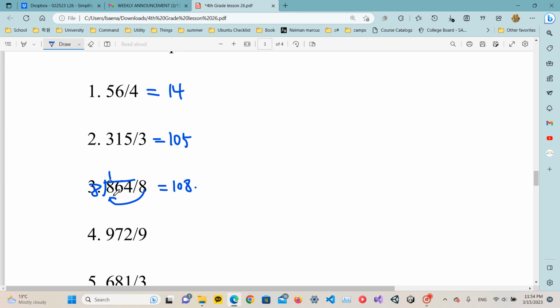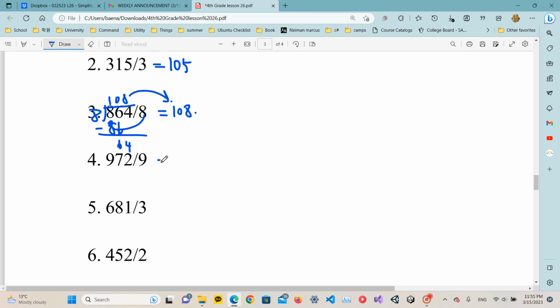If you do it like this, 6 comes down, and 8 and 6 cannot be divided, and the 64 comes down, you know that 8 times 8 is 64, so this is 108. And same thing, 1, 0, and 9 times 8 is 72, will be 108 again.